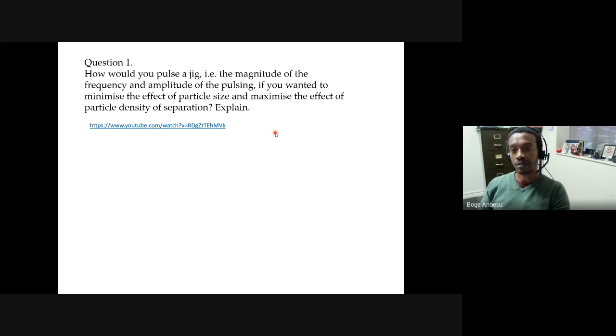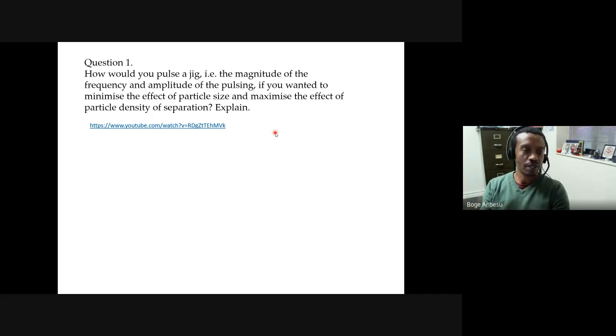But in some cases, you may have particles that are dense, but also both coarse and fine at the same time. So you want to capture dense particles that are both small and large.